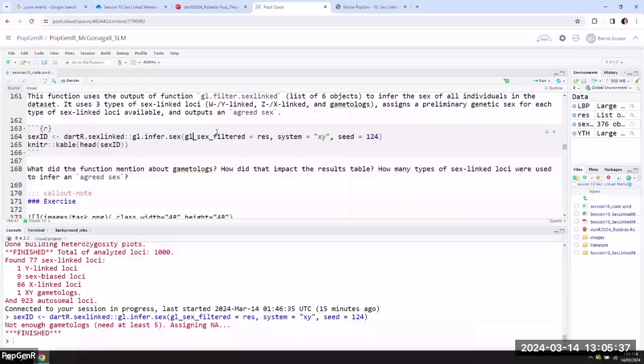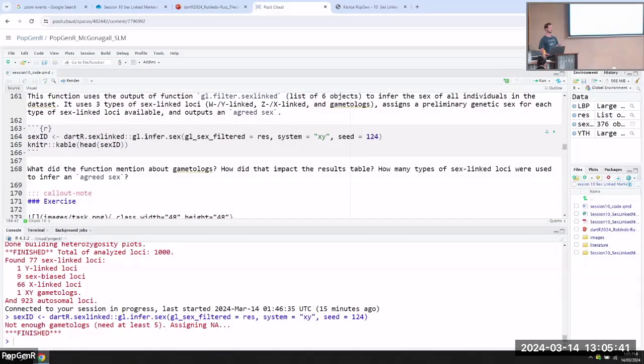Just going back to the example data sets, the last bit I'm going to talk about here is that for the leadbeater's possum, we ran the GL infer sex function. And you see here in the command line it said there were not enough gametologs. You need at least 5. So there's no sex based on those.